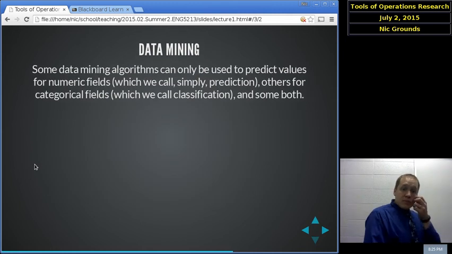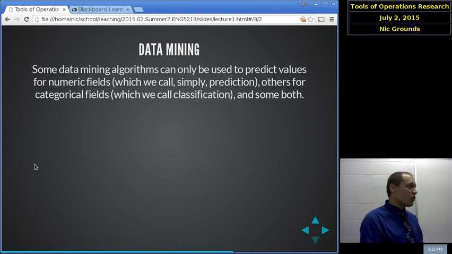All right. Some data mining algorithms are used to predict numeric field values, and we're just going to simply call that prediction. Other data mining algorithms are really trying to find values for a categorical field. It's still predicting what value a record will have, but when we use it on a categorical field, we call that classification.